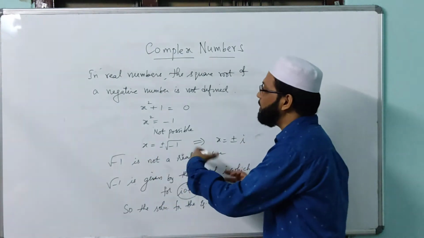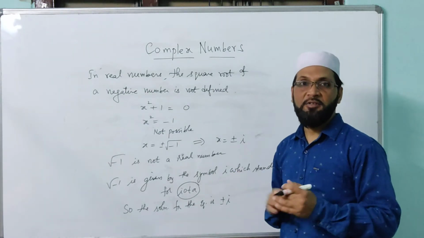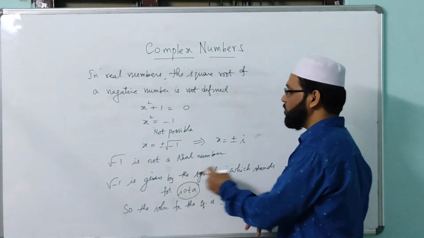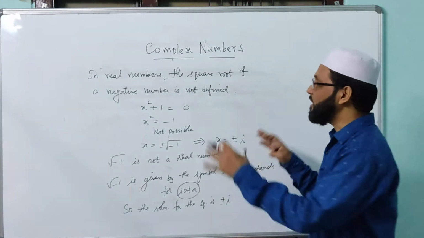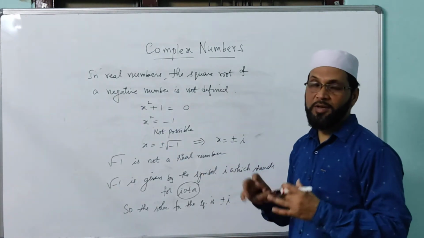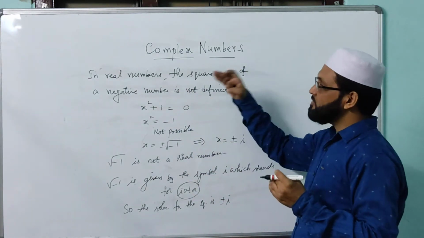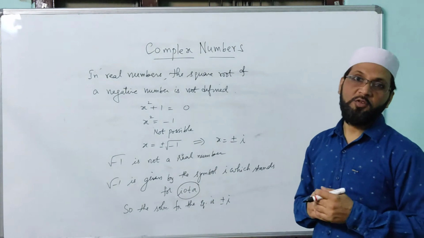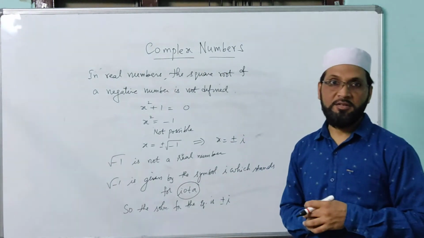So wherever we come across negative roots, we make use of this iota to solve and write the solution. To study these kinds of equations where there is no real number which can give the complete solution, this concept of complex numbers has come into existence.